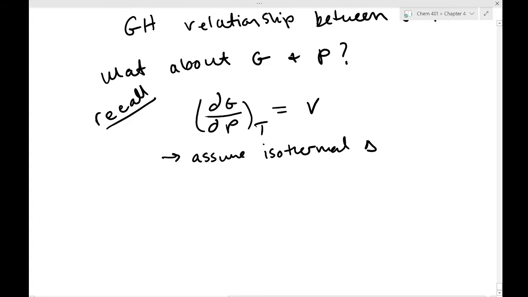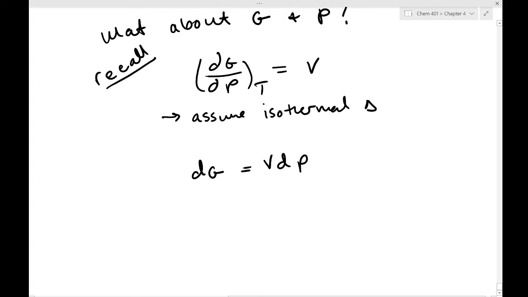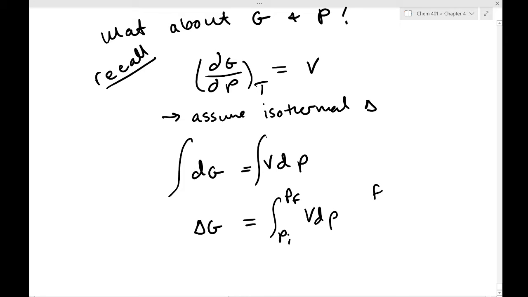If we assume that, we can rewrite this as dG, the infinitesimal change in G, is equal to volume times the infinitesimal change in P. Now, we can integrate both sides, and of course on this side, since G is a state function, we get delta G, and on this side we get the integral from Pi to Pf of V dP.